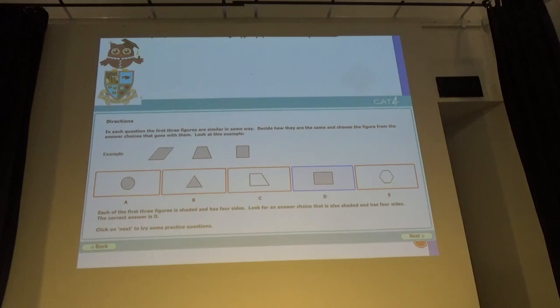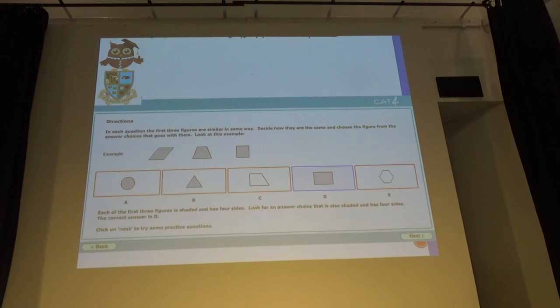So for example, in this practice question, there are 3 4-sided grey shaded shapes, and the children have to choose from the different options which other shape would fit into that pattern.